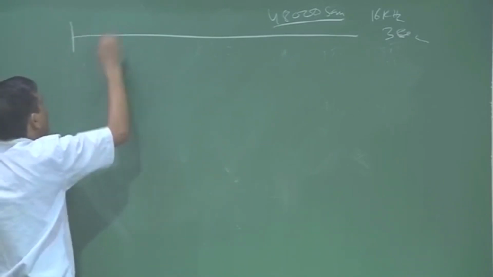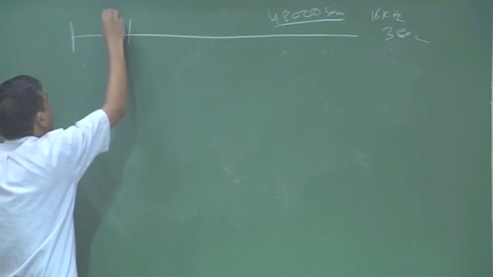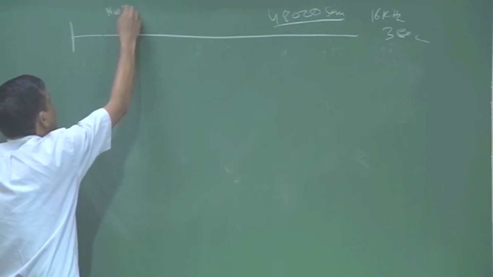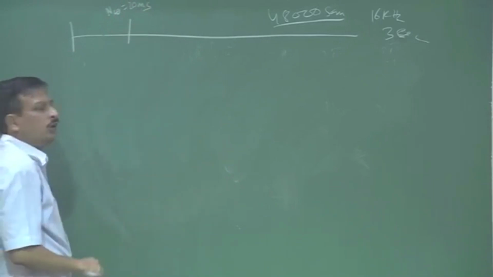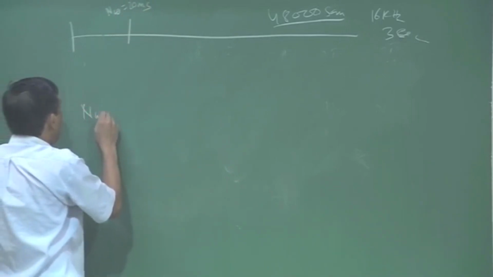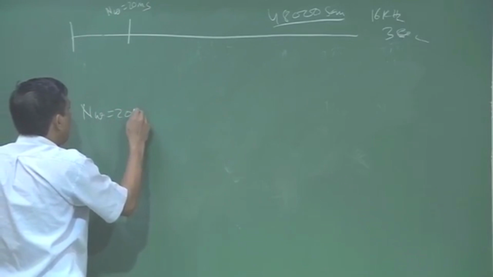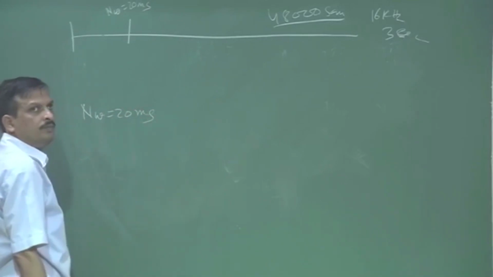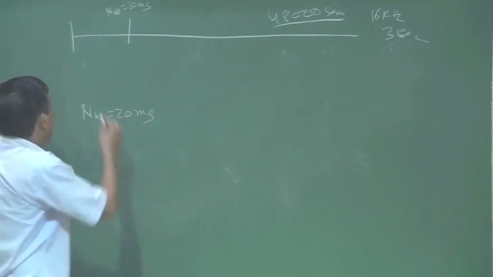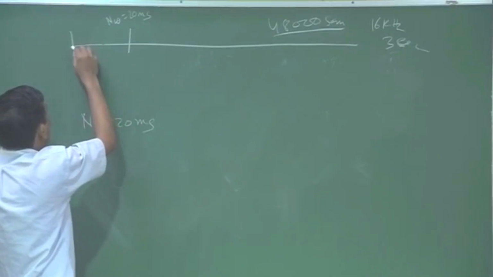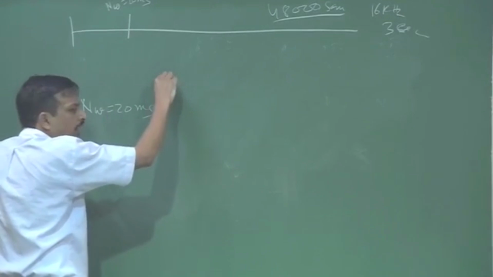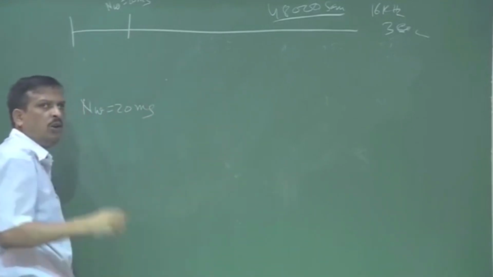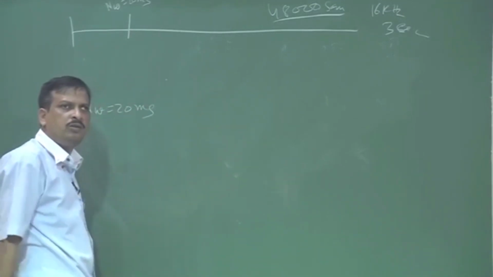So we choose a window length, analysis window NW equal to, let us say, 20 milliseconds. Then one kind of window we use, either Hamming window, Hanning window, or rectangular window, any kind of window we can use.